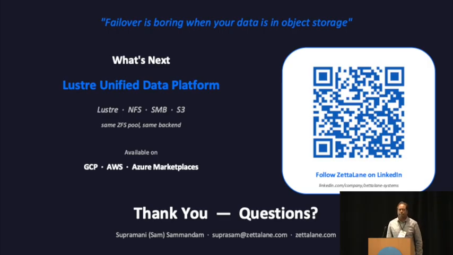Back on your architecture slide, you were using TCP. Why were you using TCP instead of RDMA? Because it's not available on public cloud. Only AWS has EFA, that's proprietary, and OCI has RDMA.